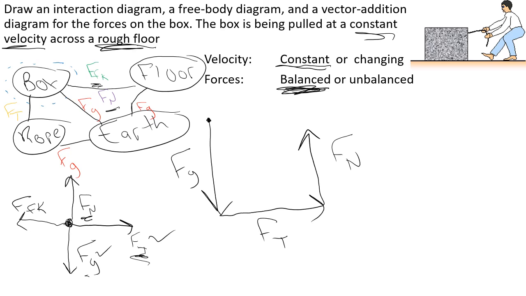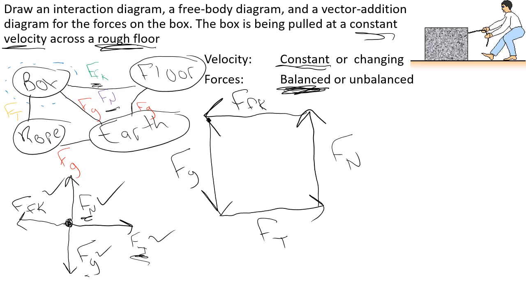When I draw my kinetic friction, I'm going to get a gap here, and that would not show balanced forces. So the only way to draw the normal force is to make it exactly as tall as Fg. And so now I've got to draw my kinetic friction force, and I've got all four of my forces.